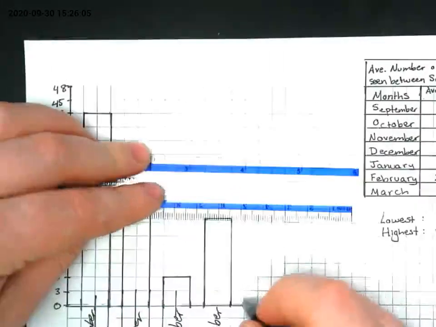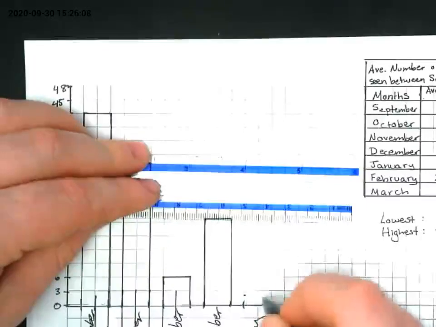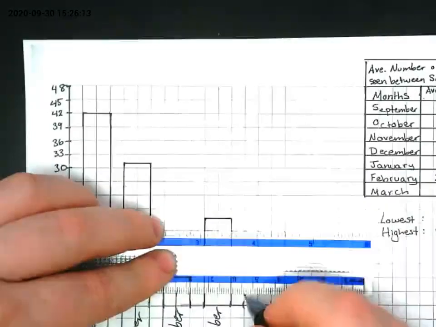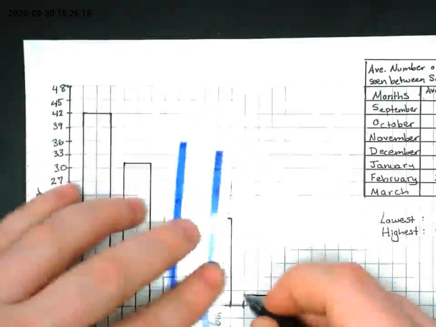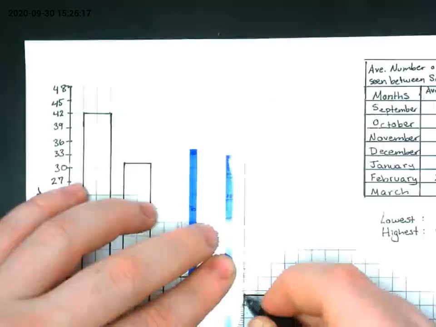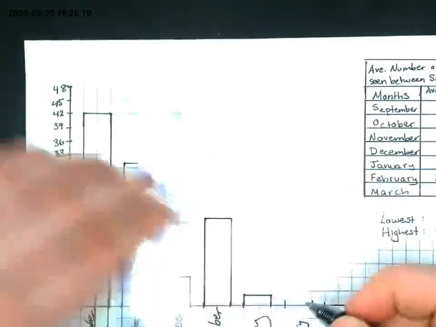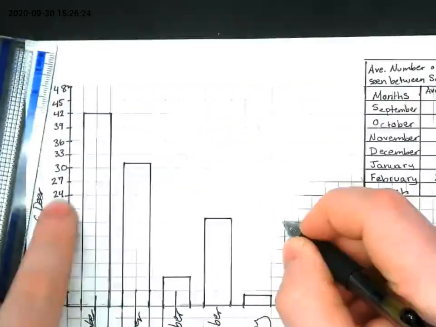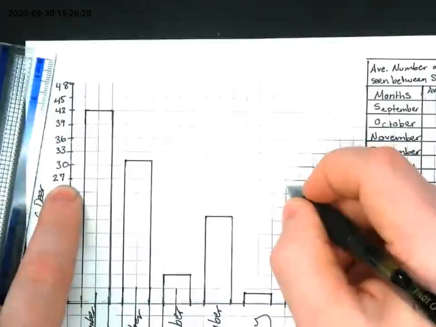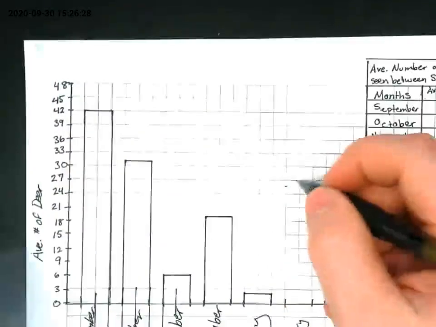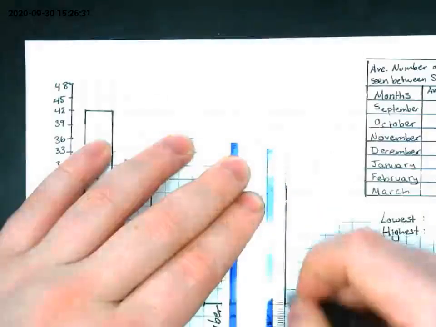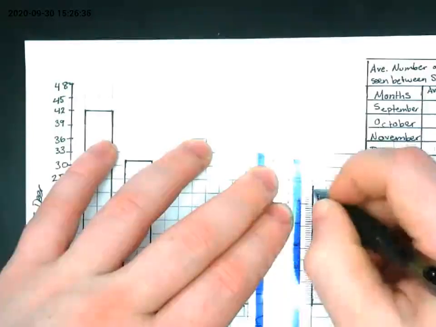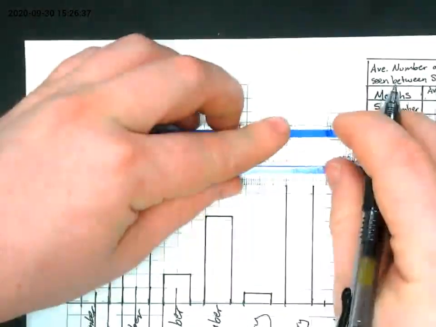January had just 2. February had 26. Okay.